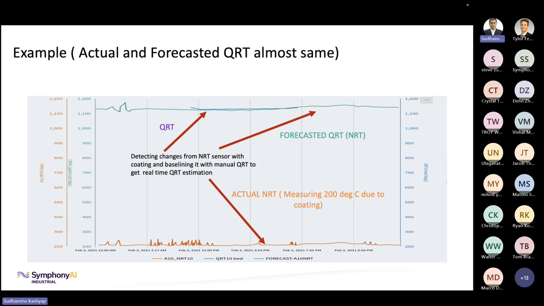And then when we look at the forecasted QRT, which is an estimated one, it also forecasts how temperature will vary in the next 1 hour time period. We can see that these two are very accurate and very close, the manual QRT measurement as well as the forecasted QRT, which is done by the AI models.